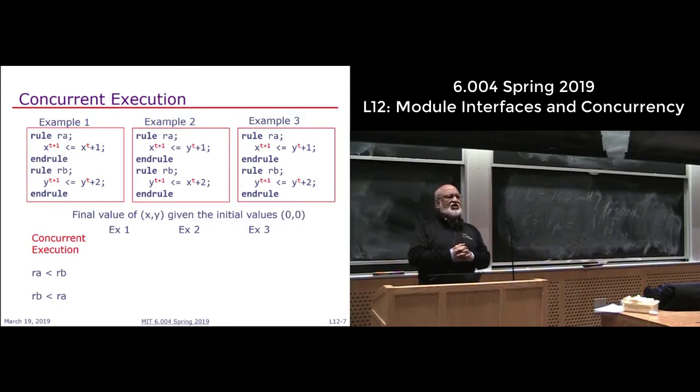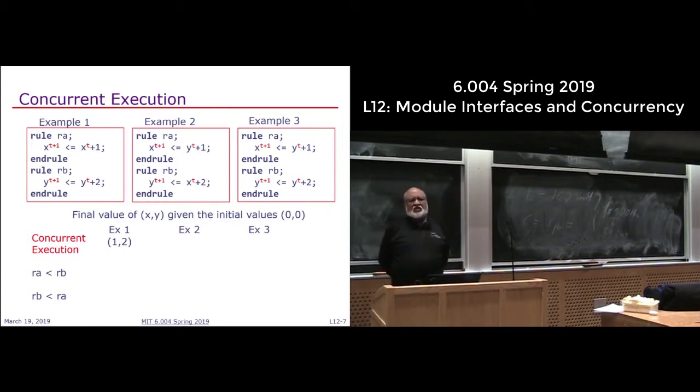What will happen in the first one? You will put in 0 for x(t), and x(t+1) will be 1. You will put in 0 for y(t), and y(t+1) will be 2, right? So you will get this.